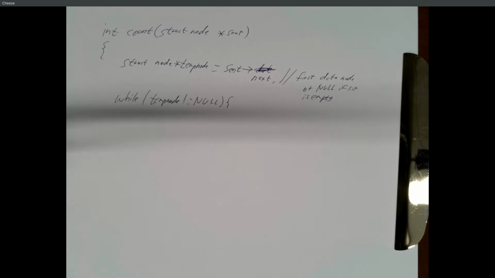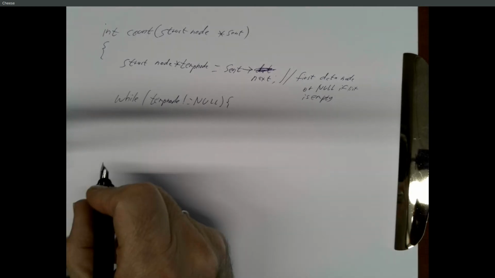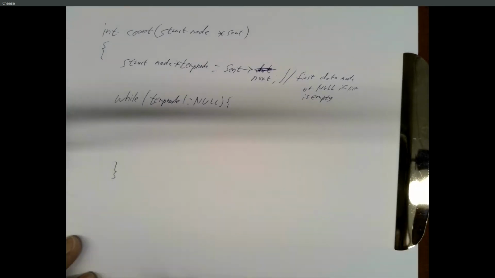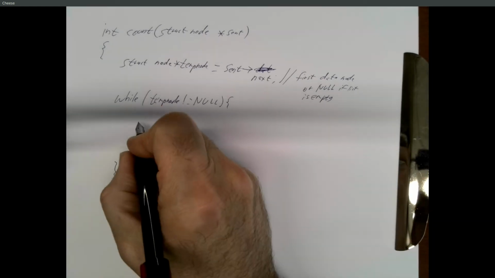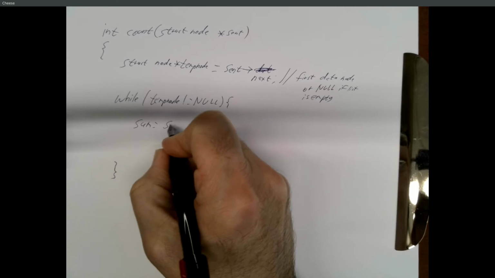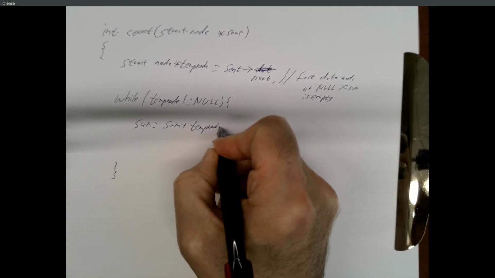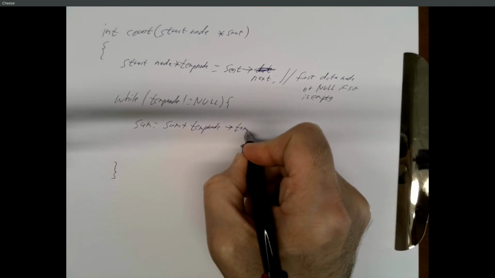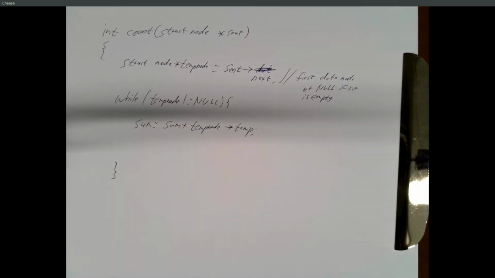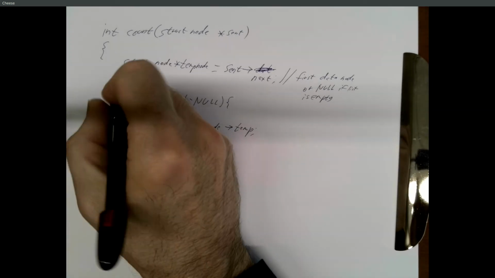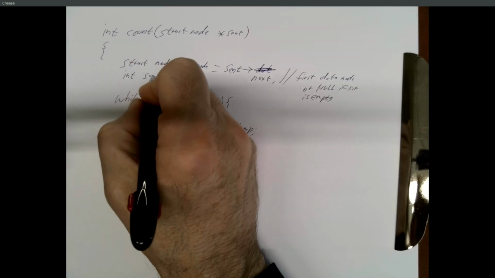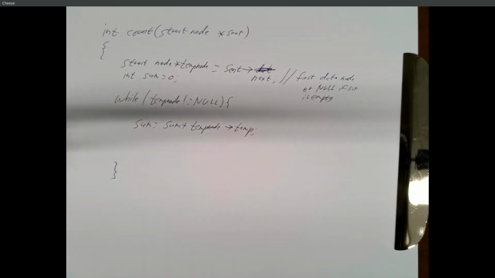All right, so this is a nice little loop in here that's going to visit every node in my list, starting with the node after the sentinel. What do I want to do? I want to grab the temp field from that node, add it to a running sum. So I'm just going to do sum equals sum plus temp node arrow temp. And at that point, I remember I need a running sum, so let's declare it and initialize it to 0.